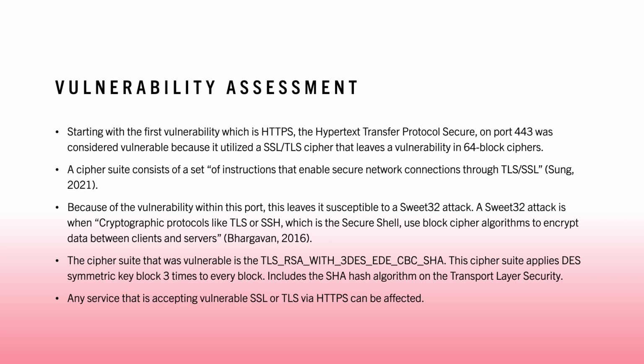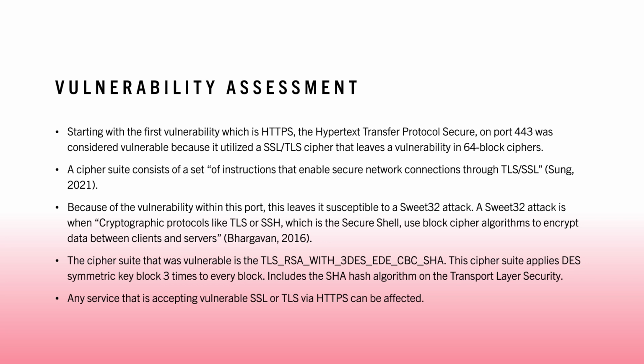Because of the vulnerability within this port, it is susceptible to a Sweet32 attack. A Sweet32 attack is when cryptographic protocols like TLS or SSH, which is the Secure Shell, use block cipher algorithms to encrypt data between clients and servers.